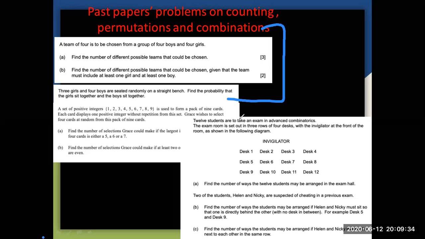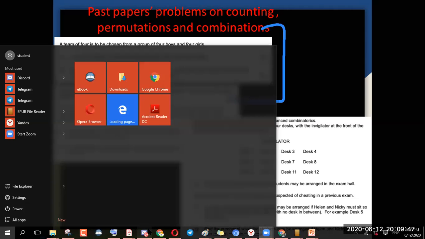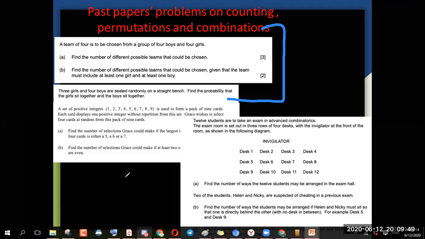I'll put the third one in the Discord chat. What did you get as a probability again? 0.0571 or 2 by 35. Is that not what you got? Which one?